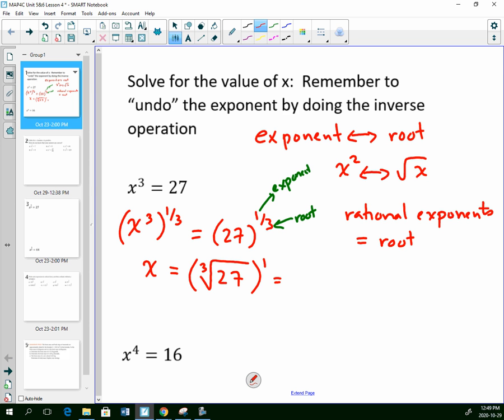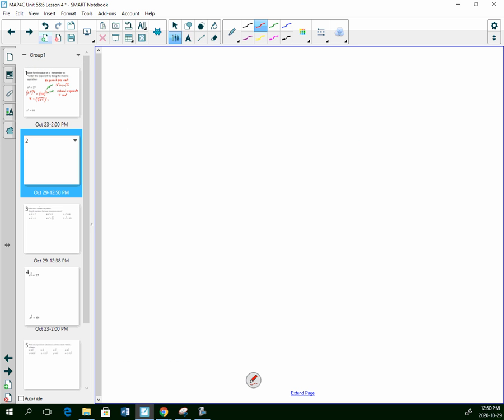Okay, so how do we do a third root on our calculator? Everybody should have some sort of device in front of them. Your root button is generally close to your power button. I'm just going to put on a new screen here. On a calculator, my exponent button looks like this.